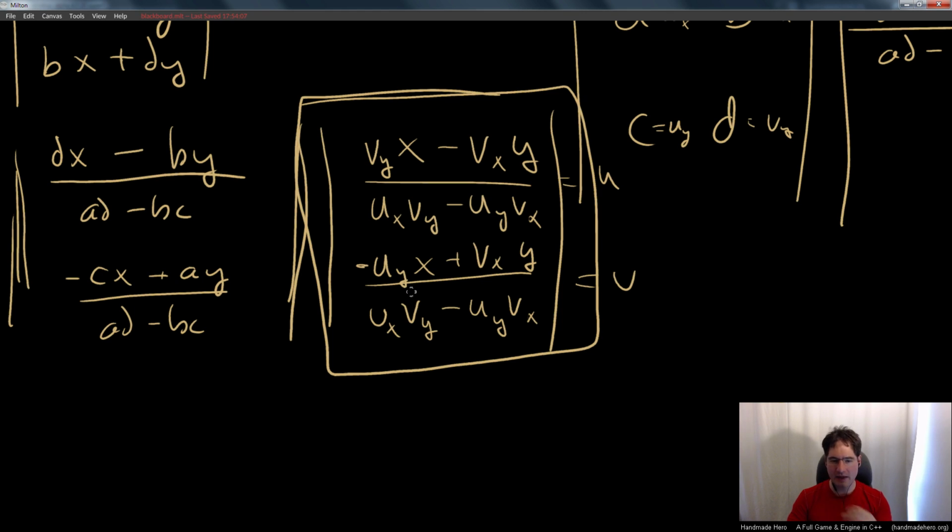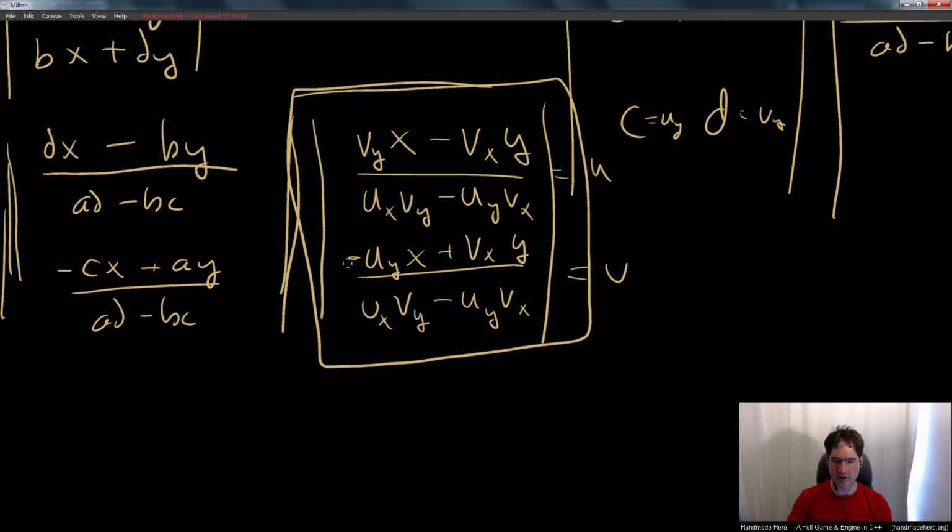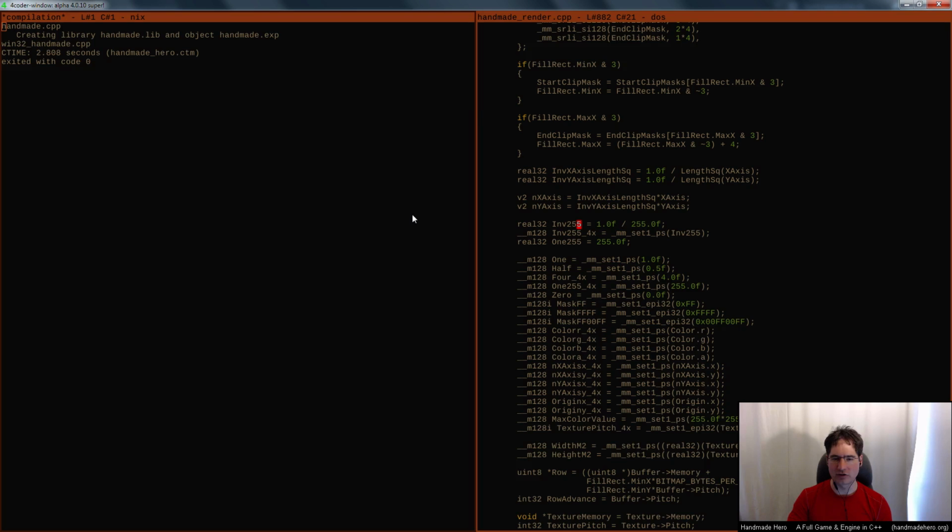We can just compute that ahead of time and be done. Similarly, this at the top is just a dot product with the vector negative uy, positive vx, and this one's the dot product with vy, negative vx, of the incoming x and y. So if we just do the exact same math we're already doing, but just prep our vectors slightly differently, I think we can just keep the code identical.